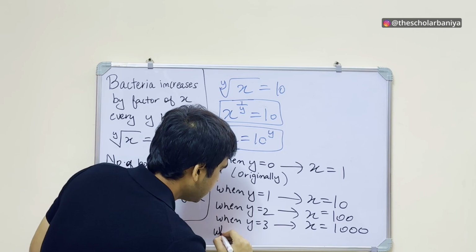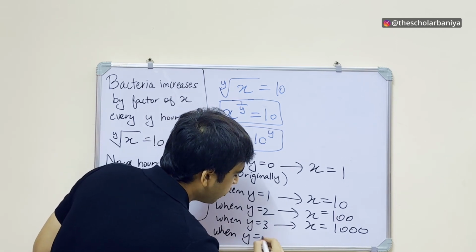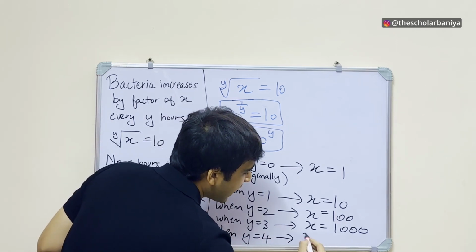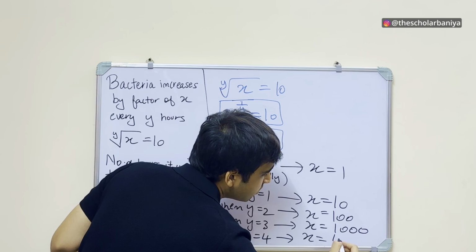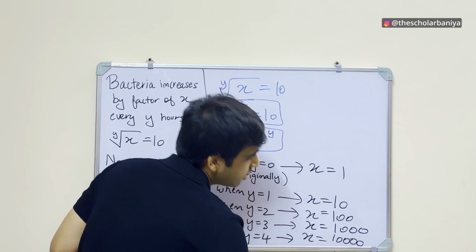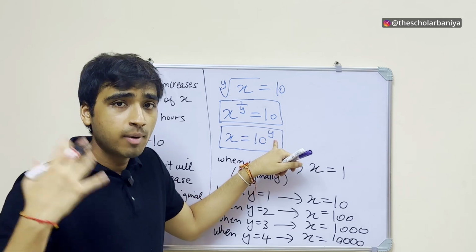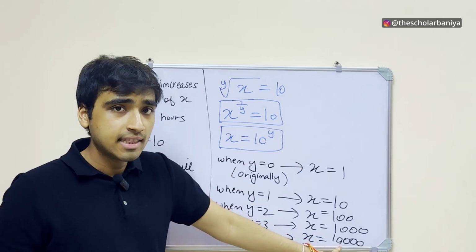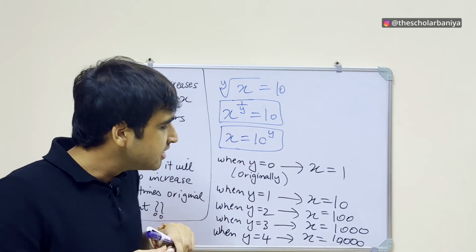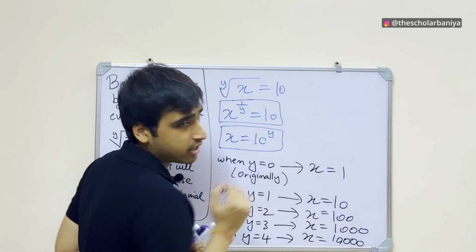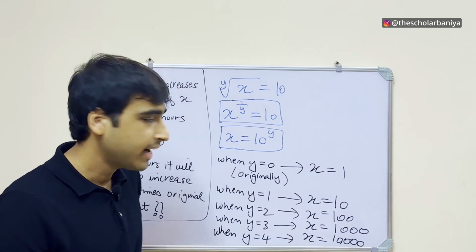And when y is equal to 4, x will be how much? 1, 4 times 0. So 10,000. Because if you put y equal to 4, so 10 to the power 4, that is 10,000. That means originally x was what? X was 1, right?